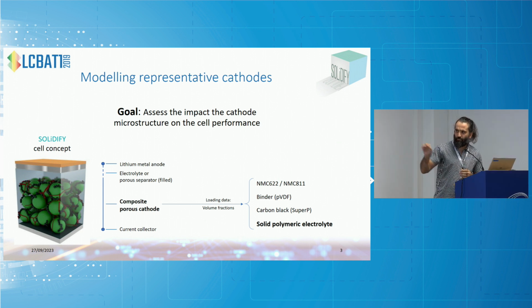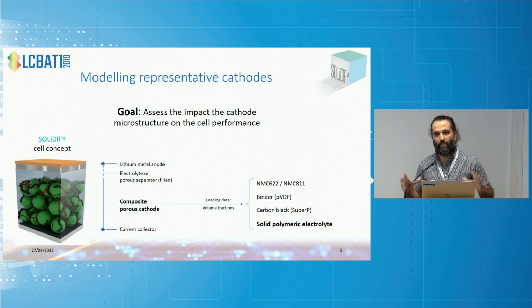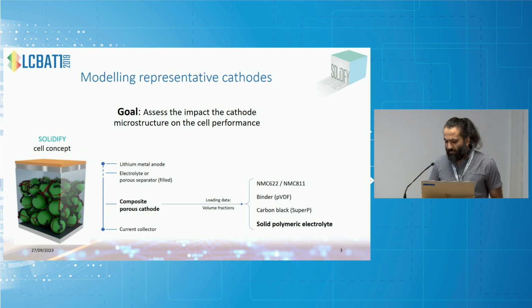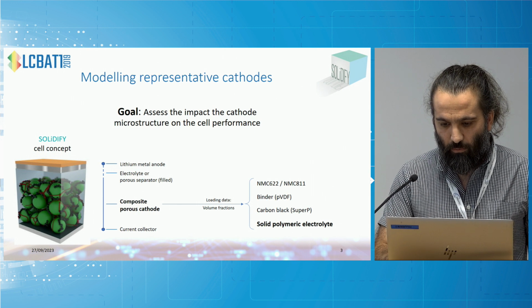But the focus of this work is basically trying to go into the details of the porous cathode, and then lithium and electrolyte could be considered as a homogeneous element in this kind of modeling.